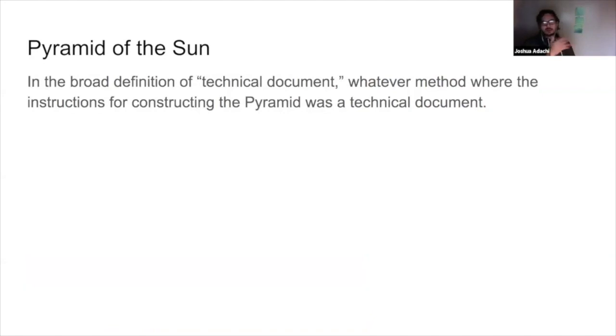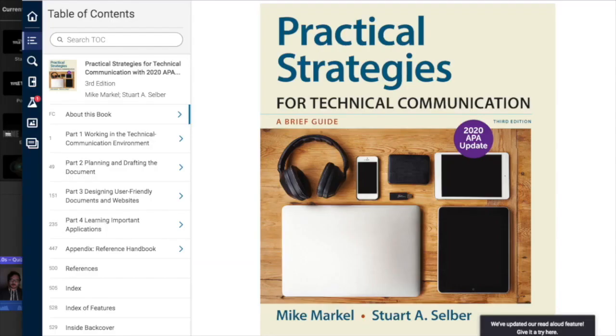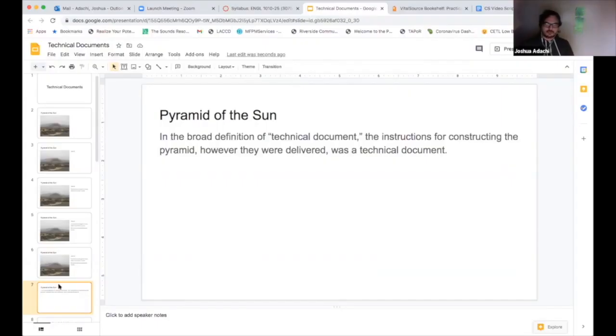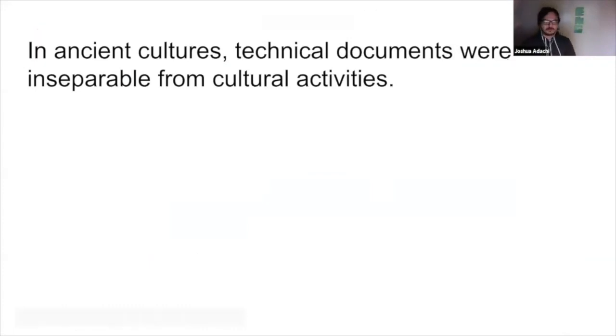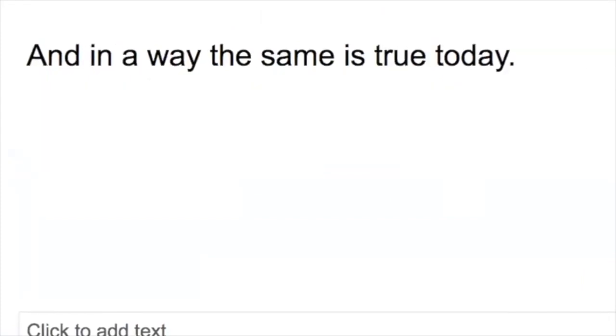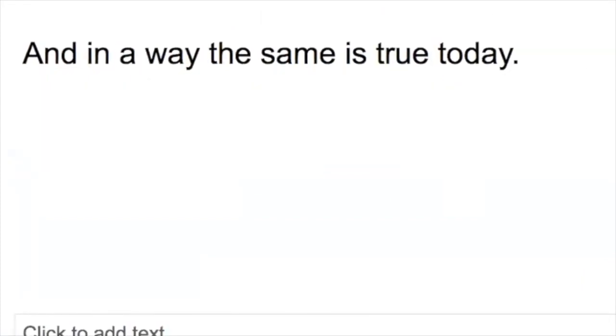Mike Markel, author of Practical Strategies of Technical Communication, says that in the broad definition of the term technical document, the instructions for constructing the pyramid, however they were delivered, was a technical document. In ancient cultures, technical documents were inseparable from cultural activities. But in a certain way, the same is true today.